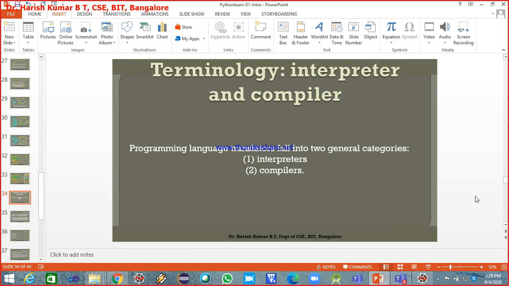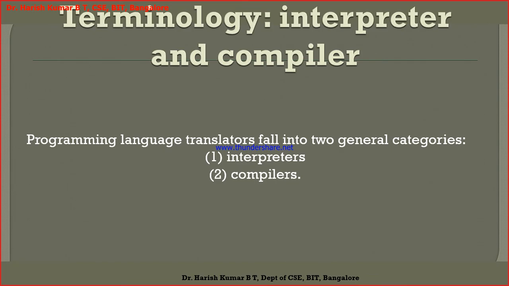Okay, next is interpreter and compiler. Let me make it a little slideshow now, because you'll not get any programs to execute for a while. So the programming language translators fall into two categories, and you know this: interpreters and compilers.